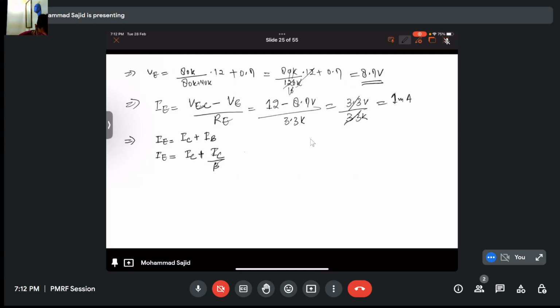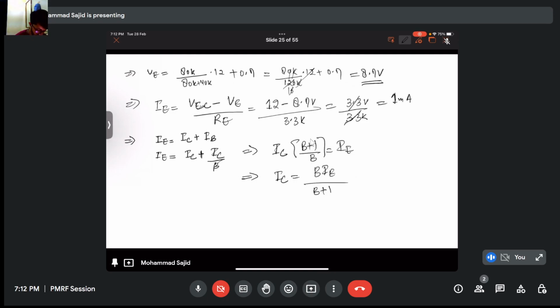Okay, this will lead to IC times beta plus 1 by beta is equal to IE, which will give me IC as beta times IE by beta plus 1.